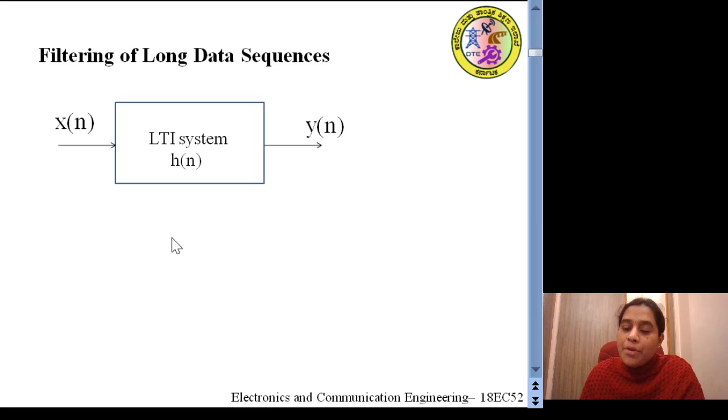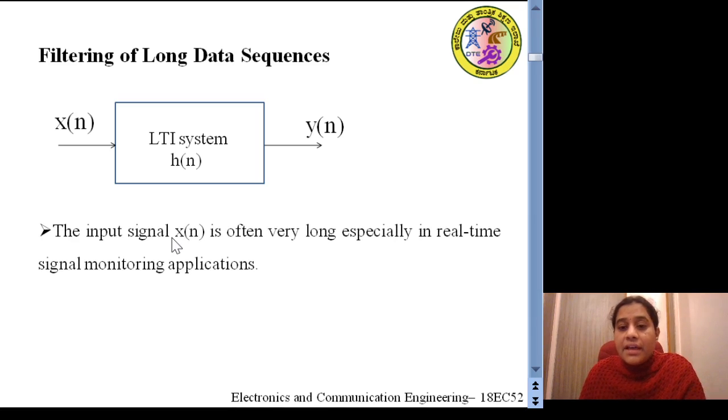So in the time domain, the output is considered as linear convolution. This y of n, the linear convolution of x of n and h of n, is also called the filtered output. So here our LTI system is acting as a filter.